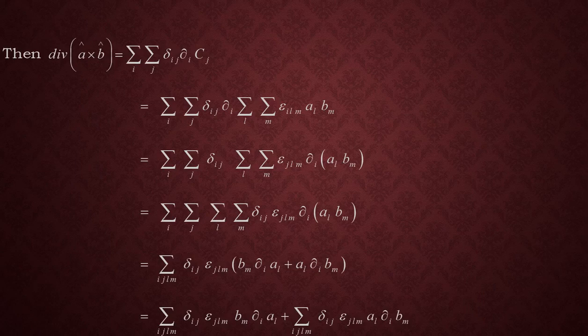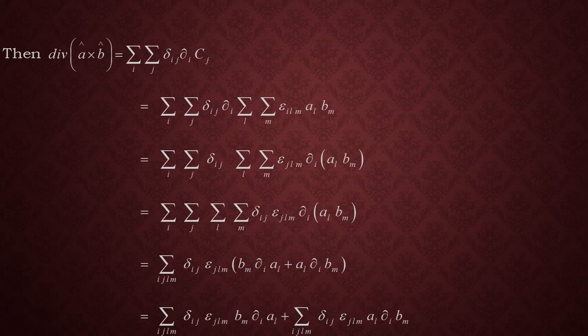We have to represent the divergence of A cap cross B cap. We must understand one fact: to represent the dot product of two vectors or to represent the divergence of a vector field, we have to make use of the Kronecker delta representation.